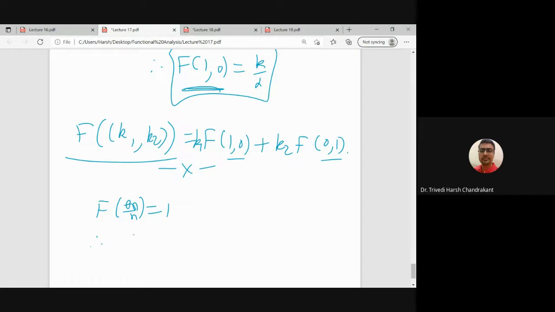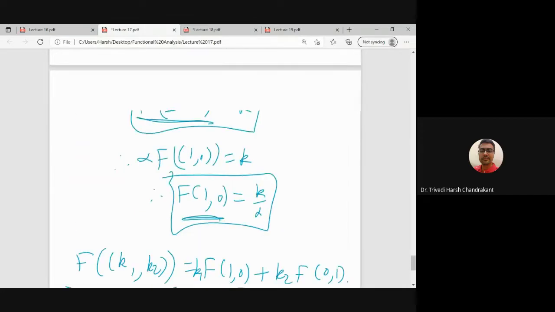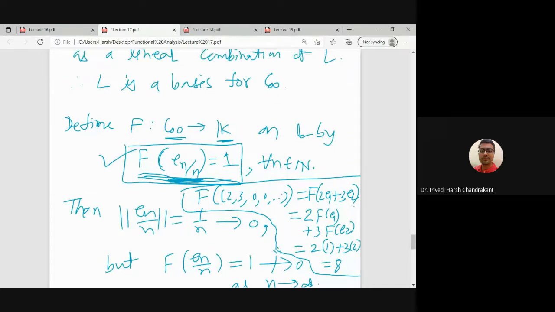So that means 1 upon n we can take outside. So that is basically f of En we are defining as n. So either you define f of En is n in this definition, or you define f of En by n is 1, that is the same thing. Okay, sir. Thank you, sir. Right. So that is what we are defining.